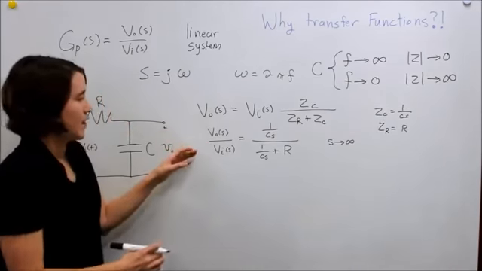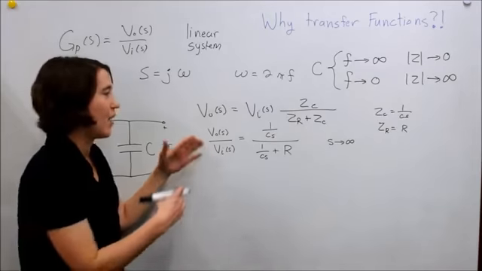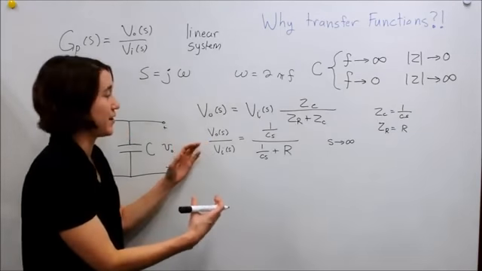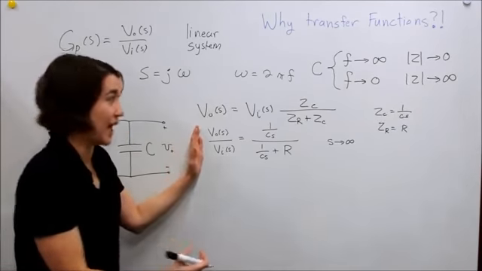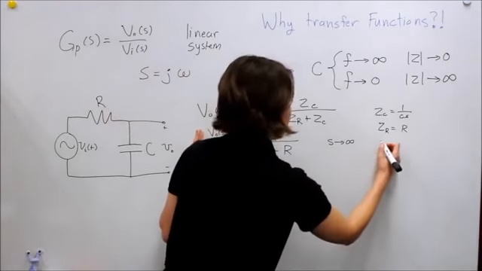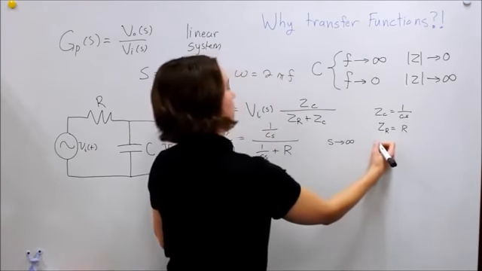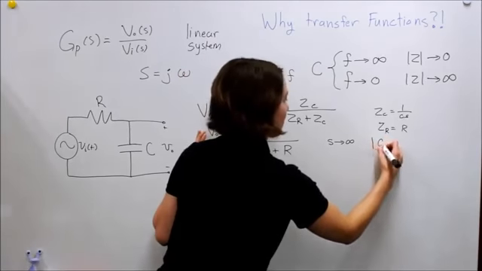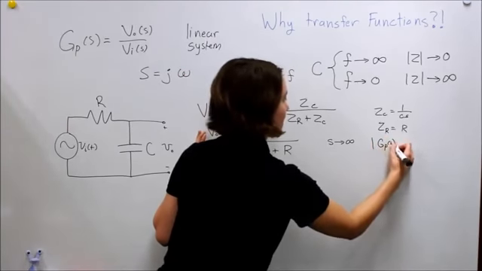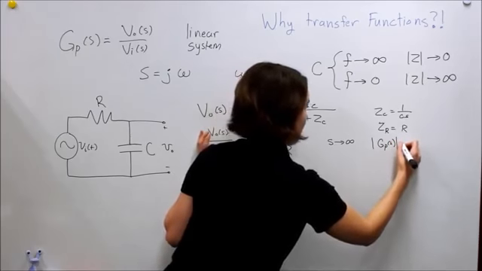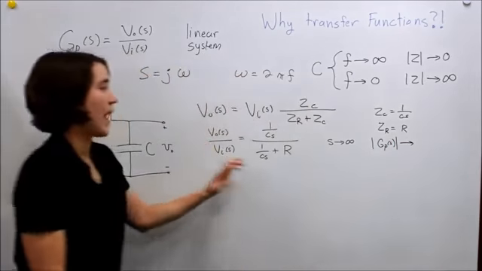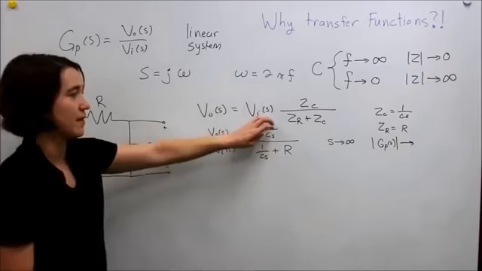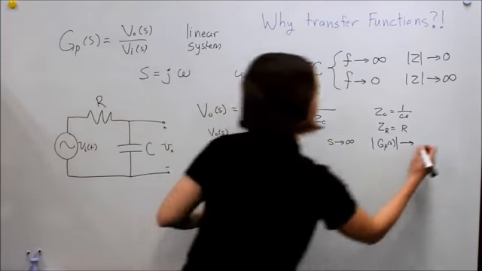So you're putting in an input, how much comes out relative to that. So we'll call this the gain of the system, the magnitude of G of S. That would go to 0, because this is 0 and this is 0, this whole gain would be 0.